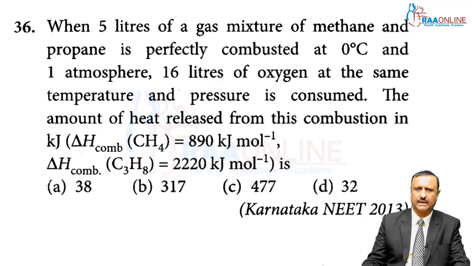The question asks the amount of heat released by the two gases. The heat of combustion of methane is 890 kilojoule and of propane 2220 kilojoule per mole. So there are 4 to 5 data in this numerical. Now we can solve this question.